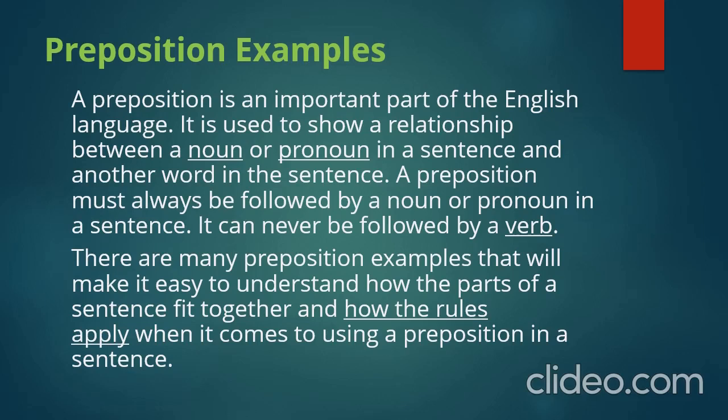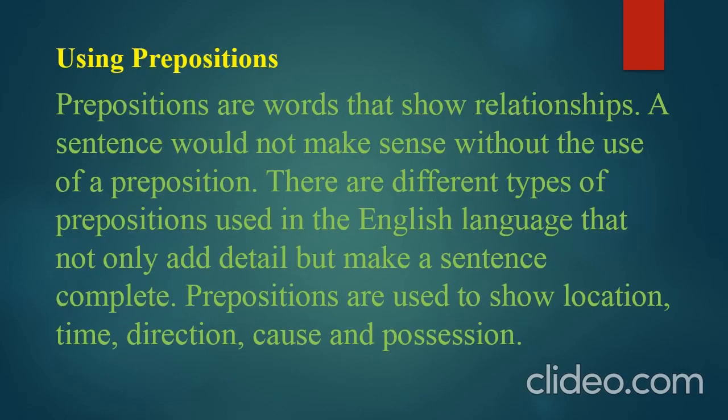There are many prepositions examples that will make it easy to understand how the parts of a sentence fit together and how the rules apply when it comes to using a preposition in a sentence. Here we have the usage of prepositions, and after that we will go for the examples of prepositions.